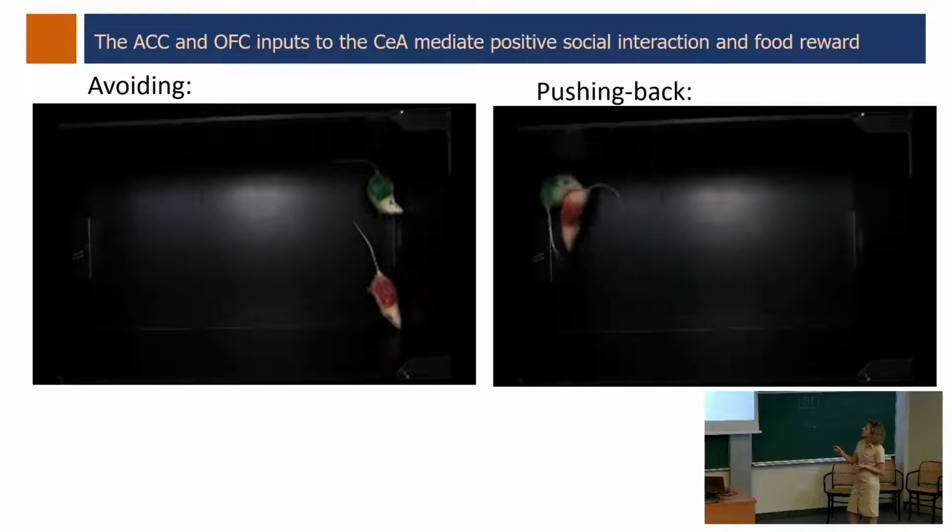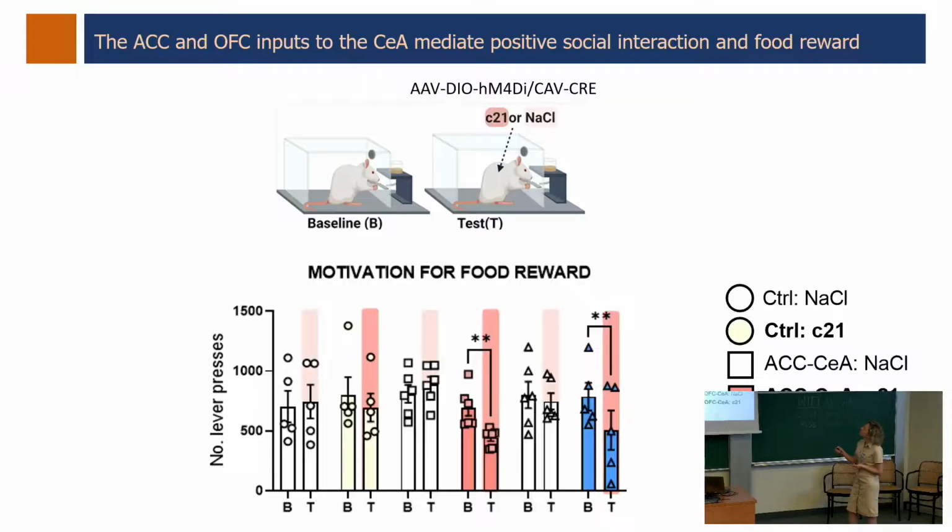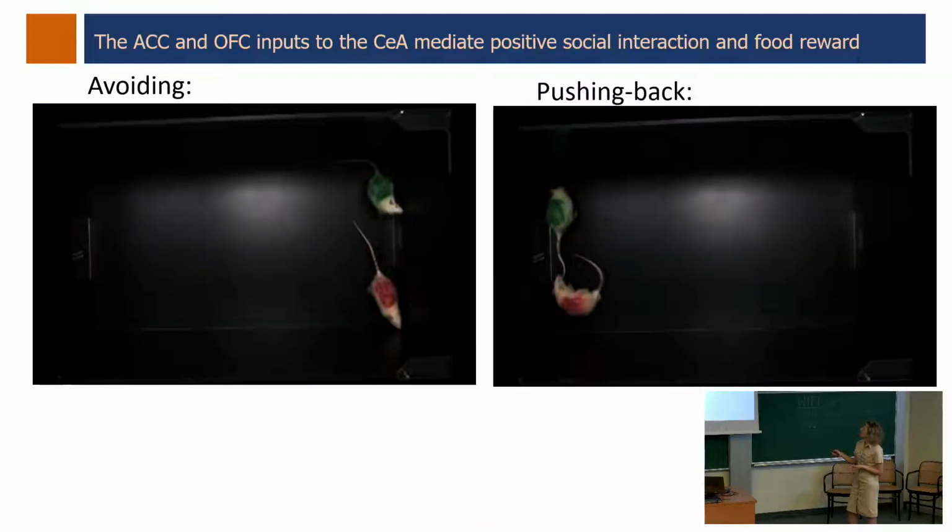And here is this pushing back behavior. When this green rat tries to initiate the contact, the red one is pushing back the partner and tries to stop the contact.